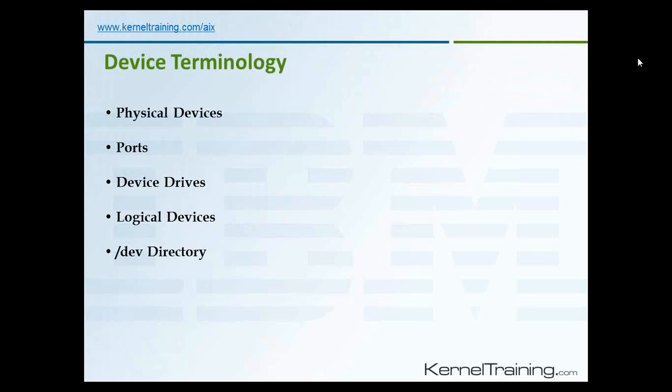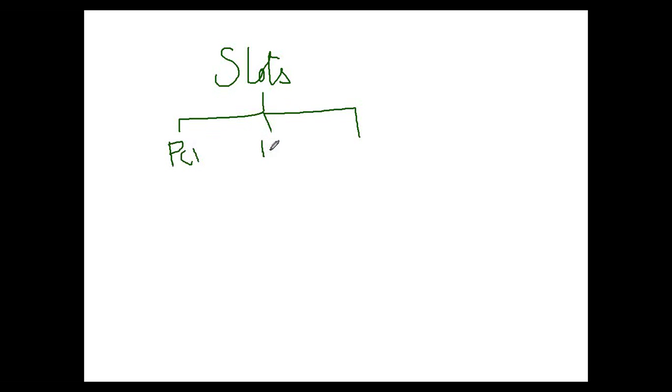For example, there are many kinds of devices available in the market. Like we would have a number of slots. Let's talk about slots. There are a number of slots available. We have PCI slots. We have the ISA slot, actually an outdated one; nobody is using ISA slots anymore.